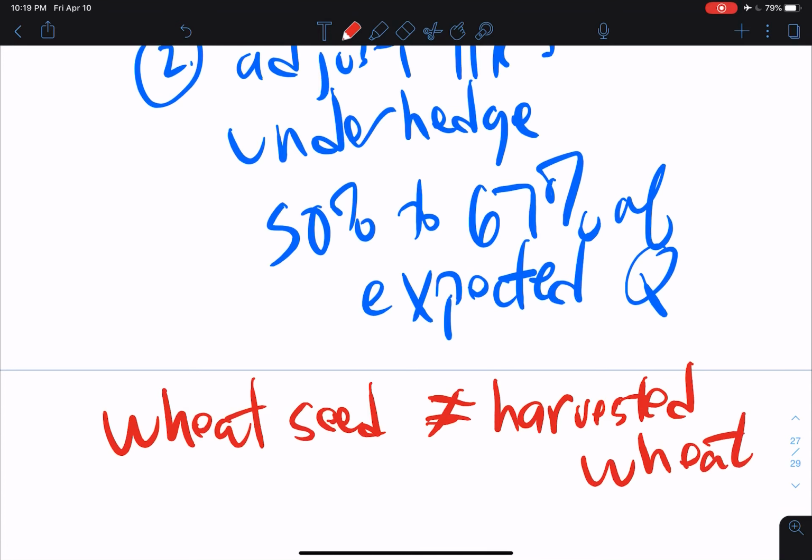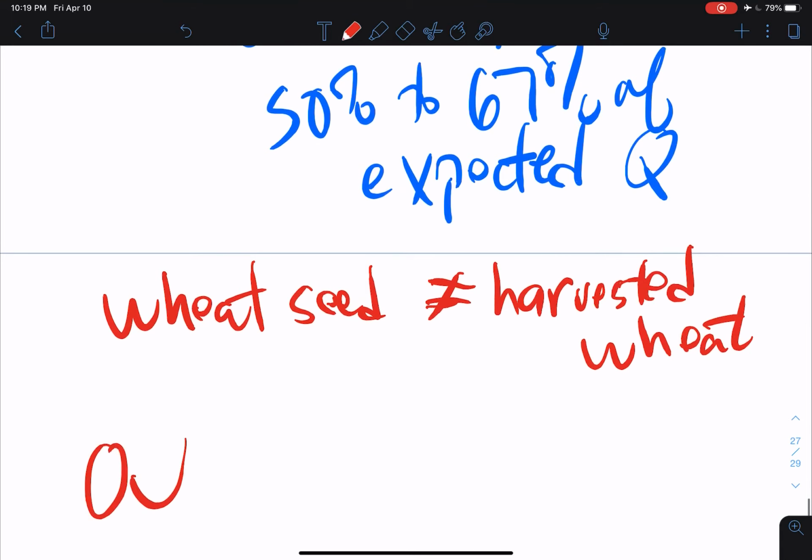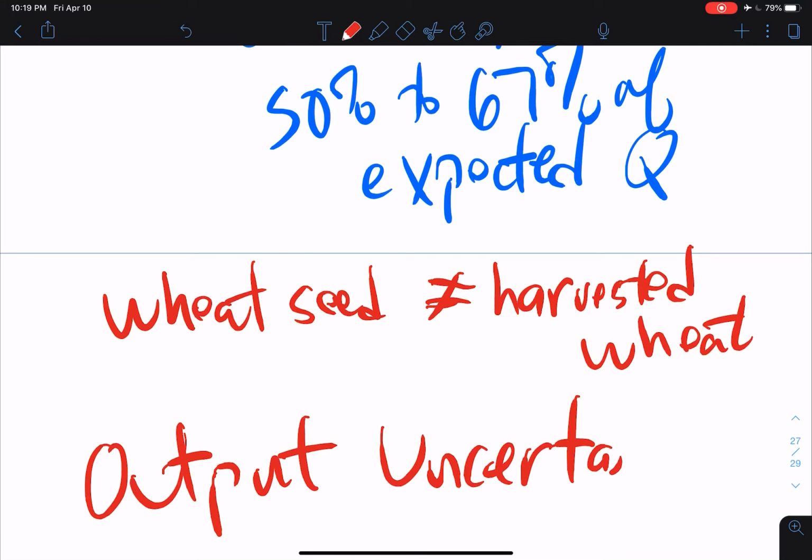In other words, we speak of farmers as if they're hedgers, and they are, but it's hedging in the context of output uncertainty. And that makes it more challenging than it is for users of industrial metals and their futures contracts if they choose to hedge values.